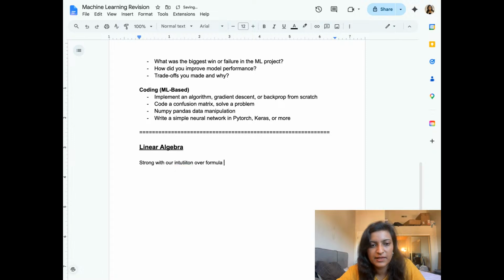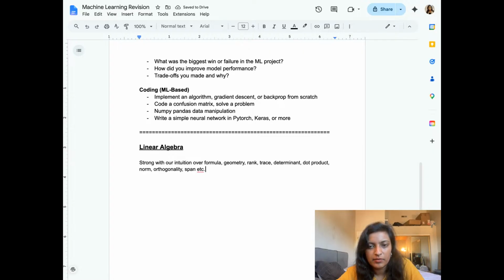Like, could you explain an algorithm to a person who is not in tech or something like that? We need to focus on geometry, rank, trace, and other things like determinant, dot product, norm, orthogonality, span, etc.